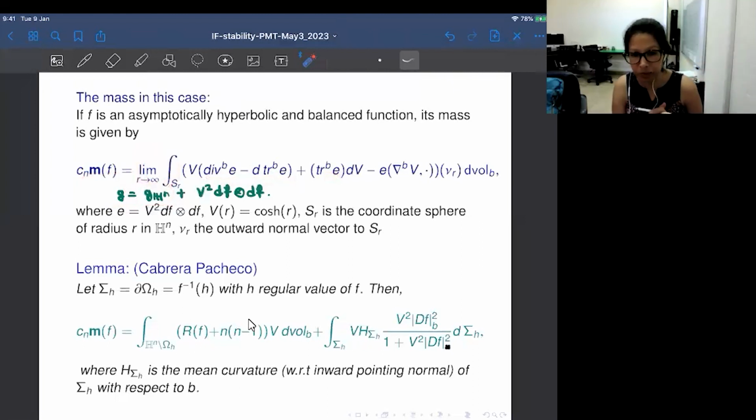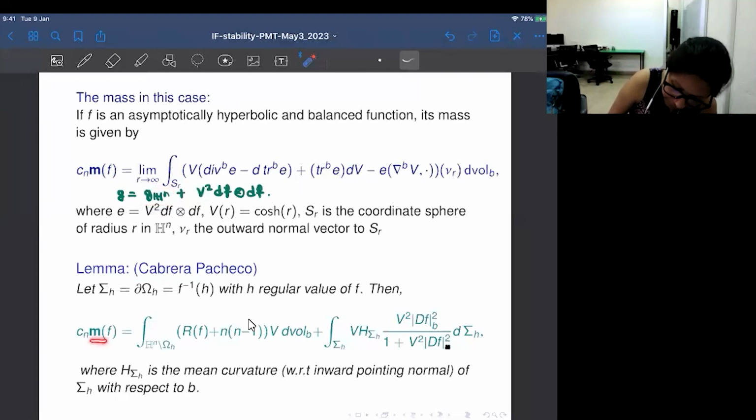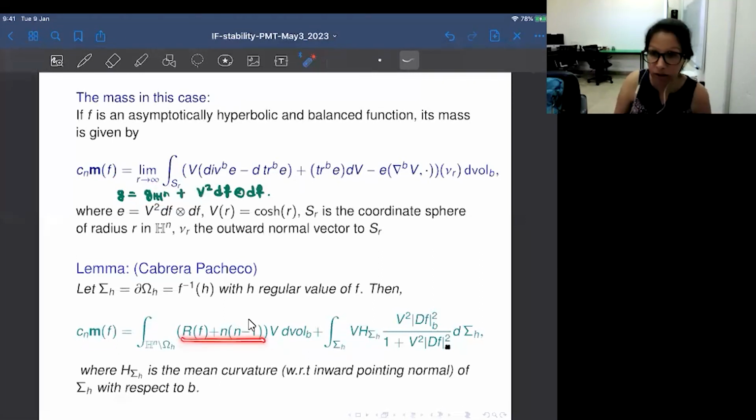But in the case in which we have a graphical manifold, the mass can be rewritten in the following way. Here I just have the difference between the scalar curvatures of the hyperbolic space and the one in my manifold.